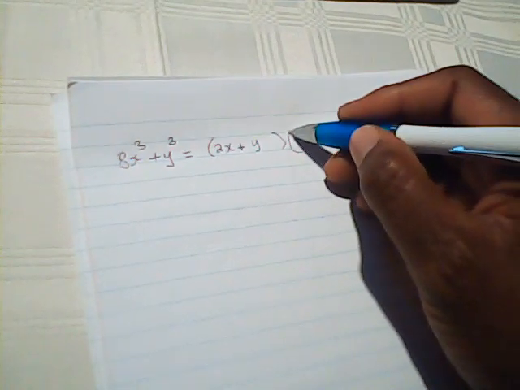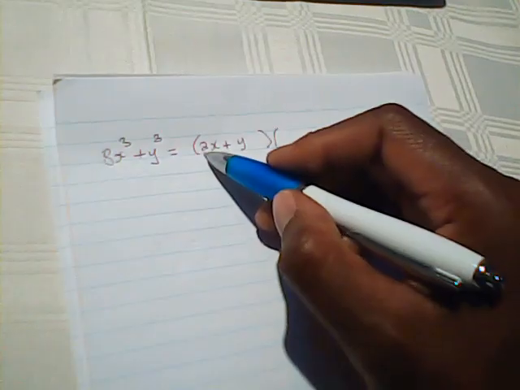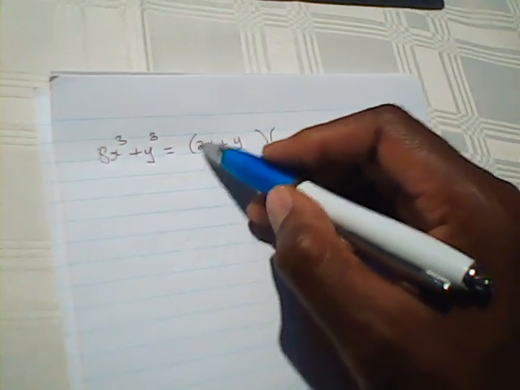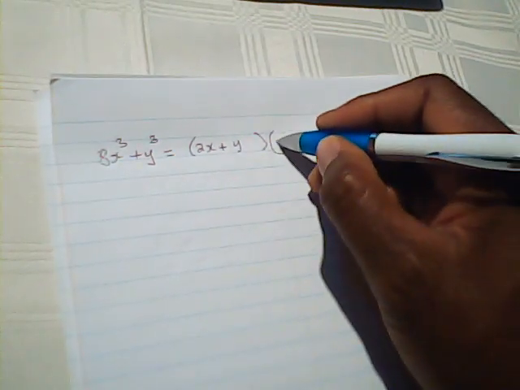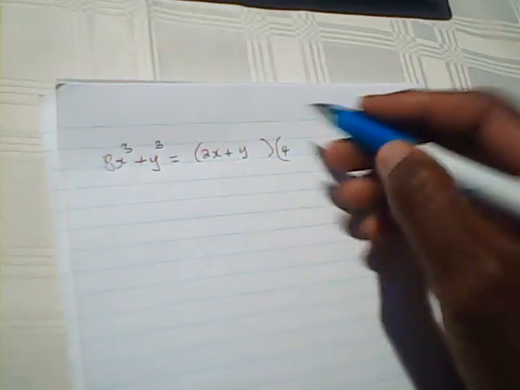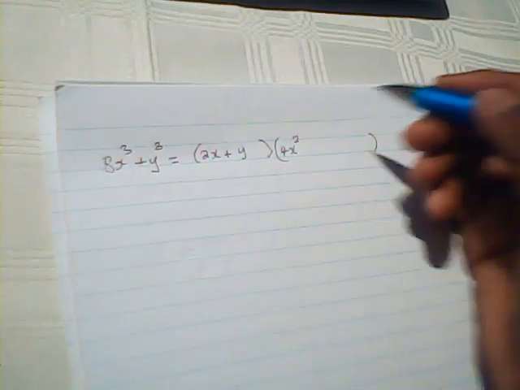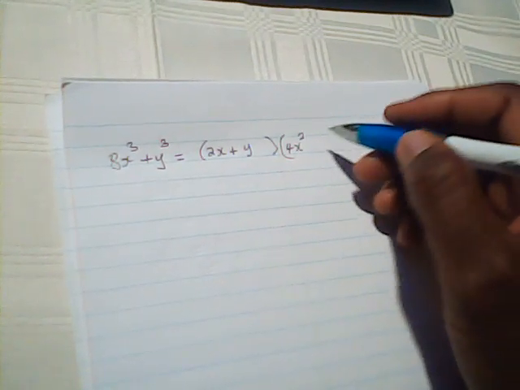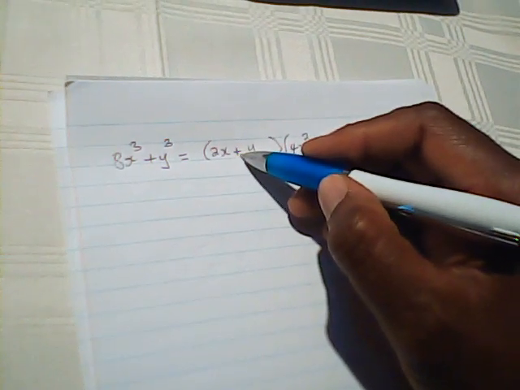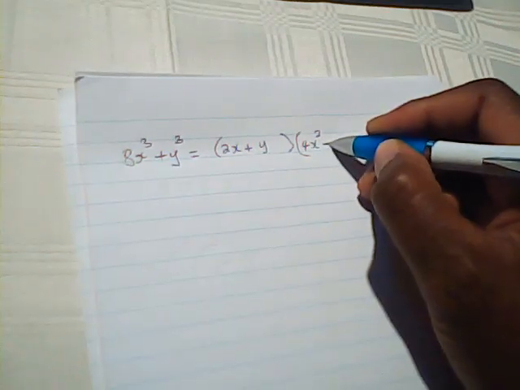And then on the second set of brackets, we said you square this. What is 2 squared? The answer is 4. And then you square x, you get x squared. But for the second term, it's an inverse of this sign, which is a negative.